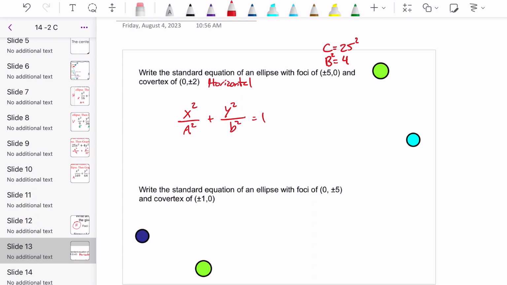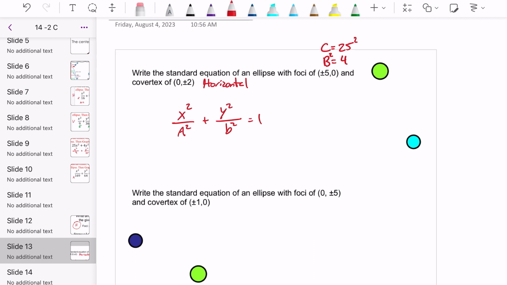So in this case, we're going to grab the values that we need to determine our A squared, C squared, and B squared.